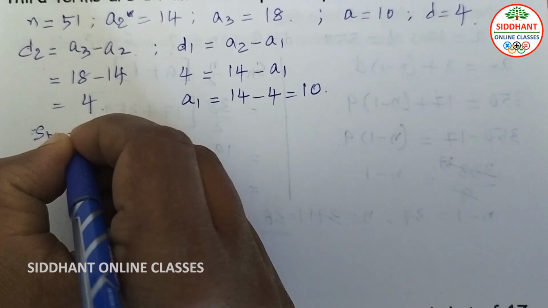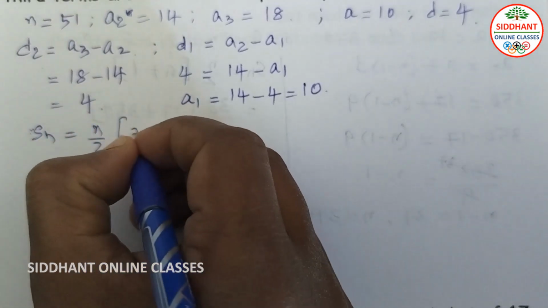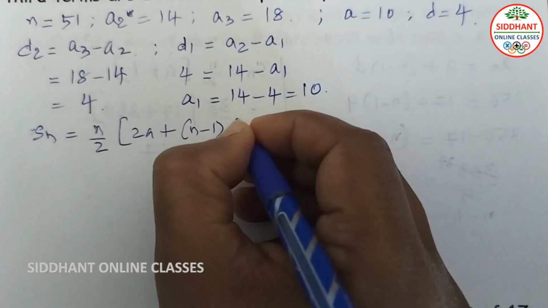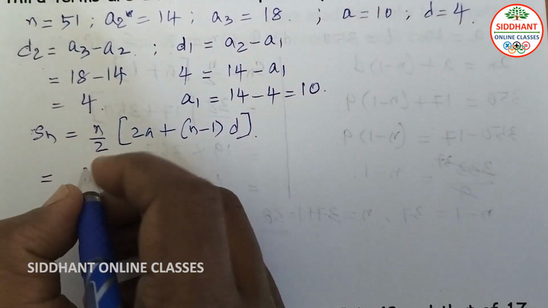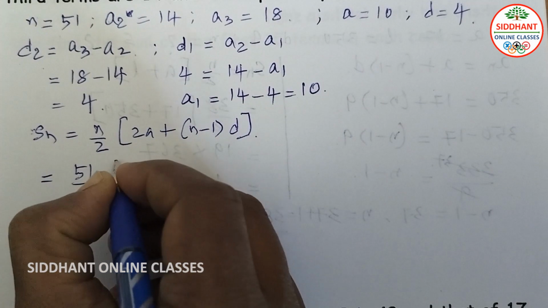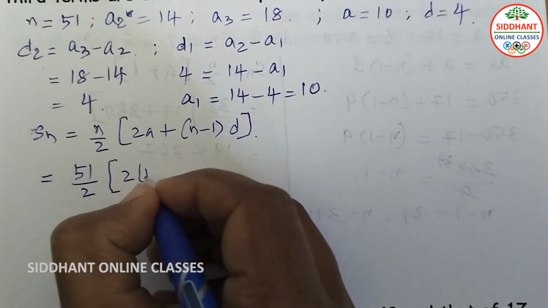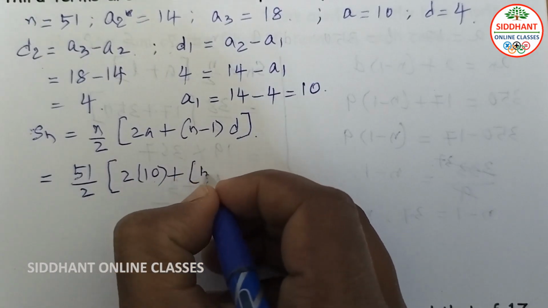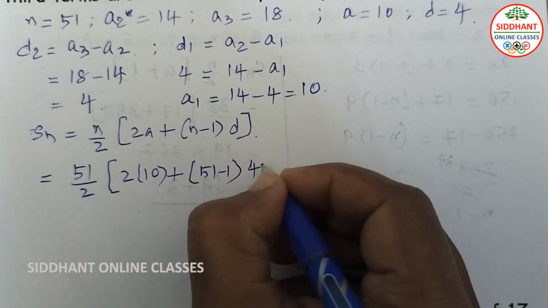Sn equal to n by 2 into (2a plus (n minus 1) d). The sum we are going to find out, n is 51 here, 51 by 2, into 2, and a we got 10, plus n minus 1 which is 51 minus 1, and d which is 4.